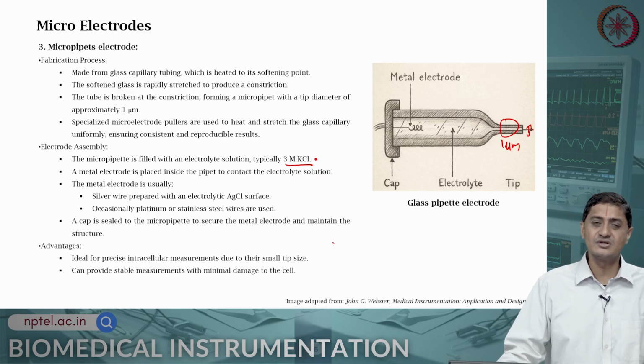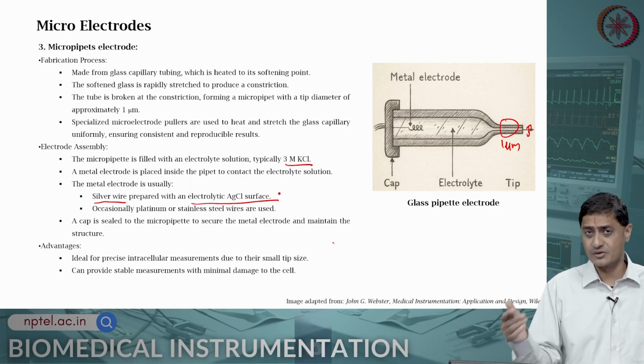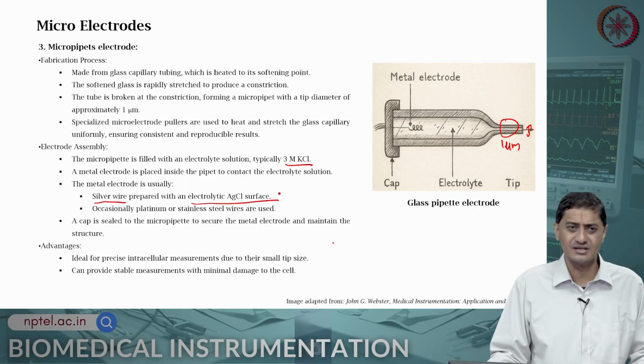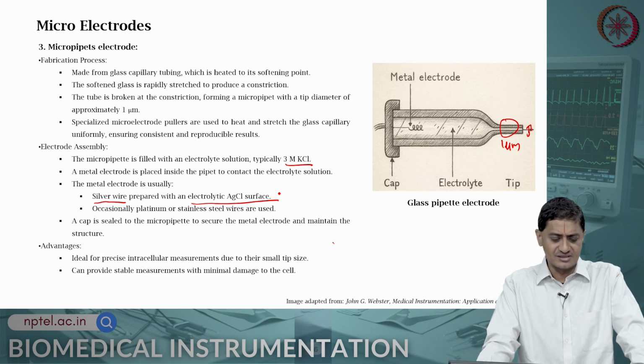This metal electrode is usually made of silver wire that is prepared with electrolytic silver chloride. This is essentially a silver chloride electrode. Occasionally you can also use platinum and stainless steel wires for this purpose. Stainless steel is not a metal, it is essentially an alloy, but it is still a conductor.